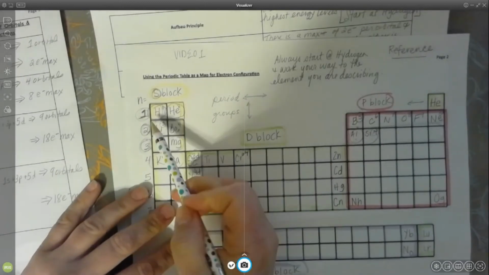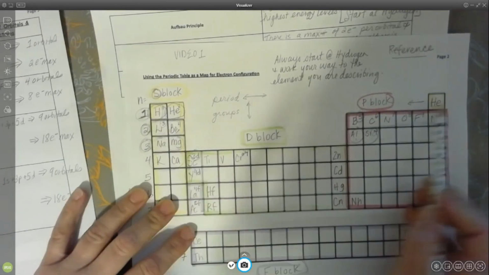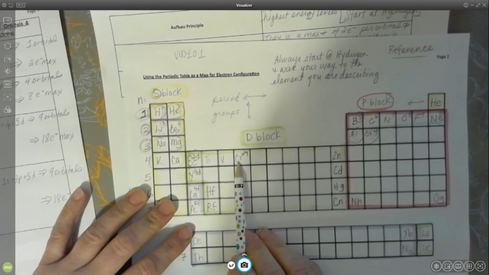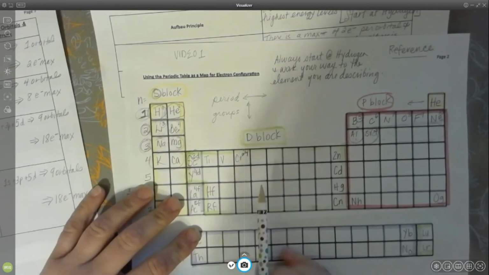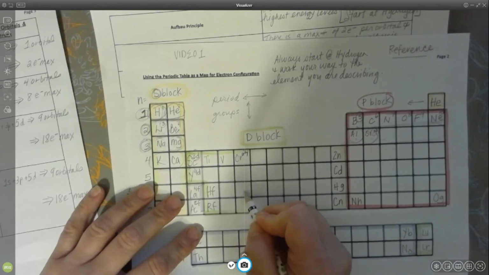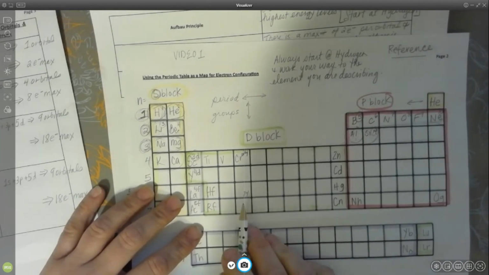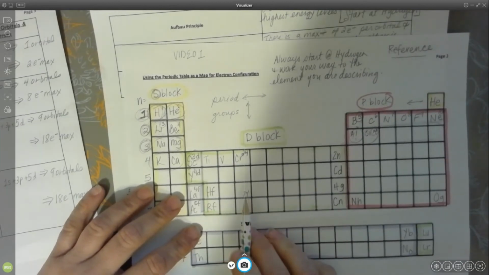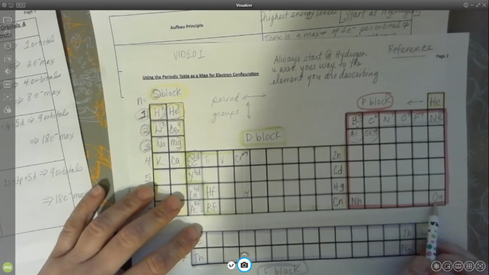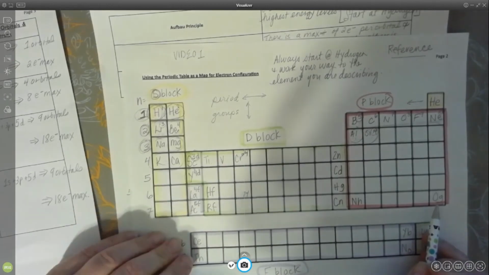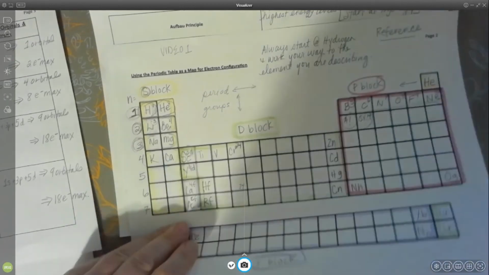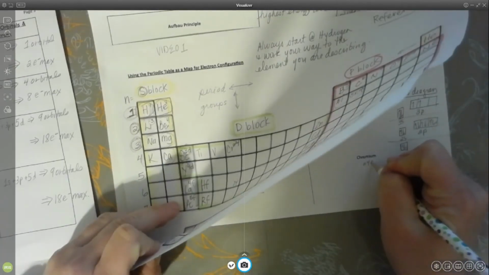That means we got to start at hydrogen, and we got to make our way all the way to number 24. Now, I always challenge my students to do number 74, tungsten, which I haven't given you enough information to totally do yet. And then eventually, I have students do oganesson, 118. It's kind of geeky fun.